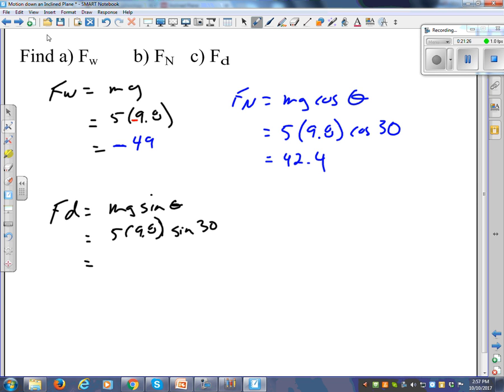24.5. Now, the 24.5 is down the ramp, or down the plane, which I said is negative. A different sort of negative. Let's just write down the ramp for now as the direction instead of negative.